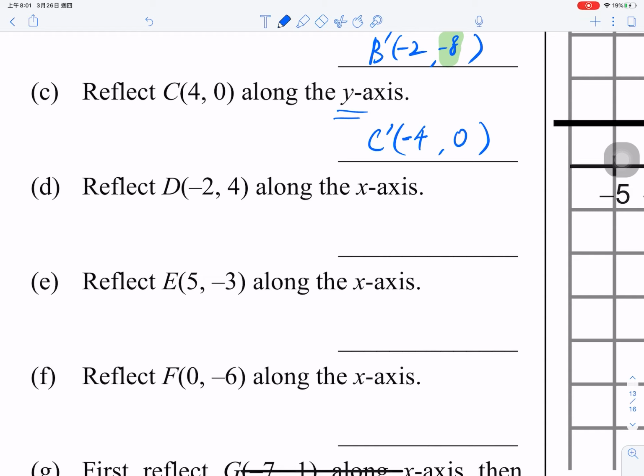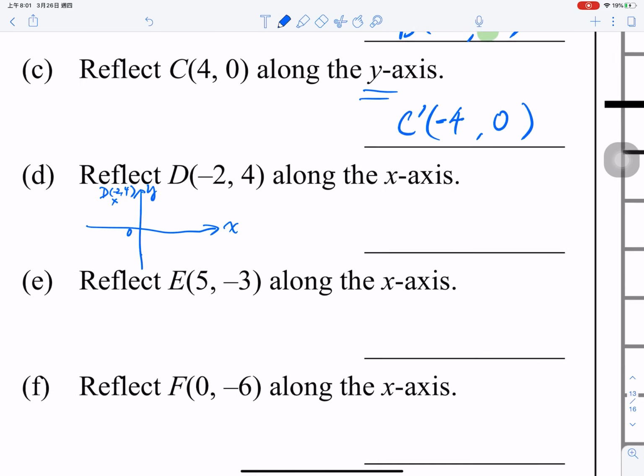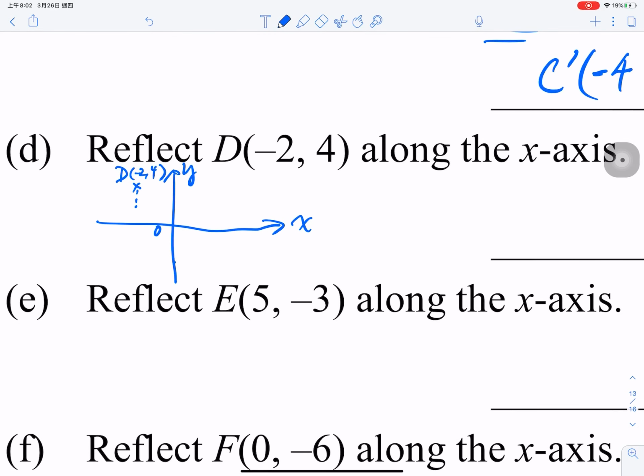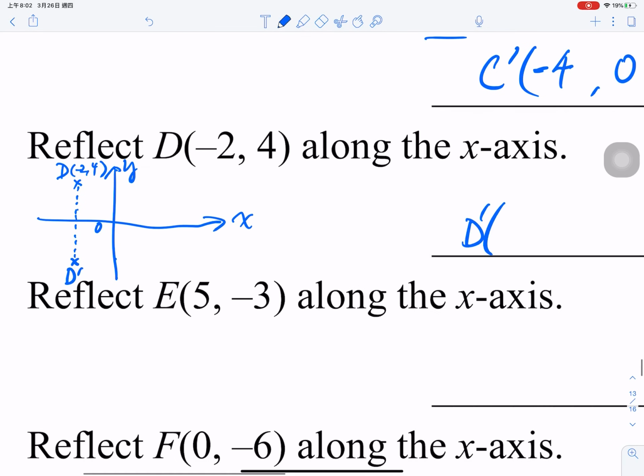Okay, how about D? Reflect along x-axis. Okay, let's see. Now reflect along x-axis. So D is (-2, 4). (-2, 4) is here. Okay, enlarge a little bit. So reflect along x-axis becomes this. So the image of D. This time x-axis, that means the x coordinate no change. So D's x coordinate no change, and -4 for the y coordinate. So (-2, -4) is the answer.